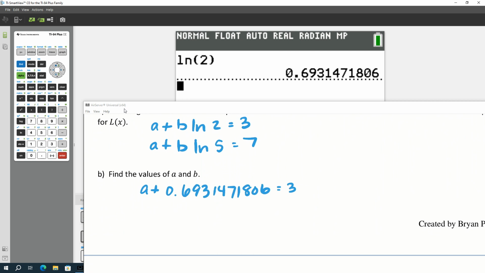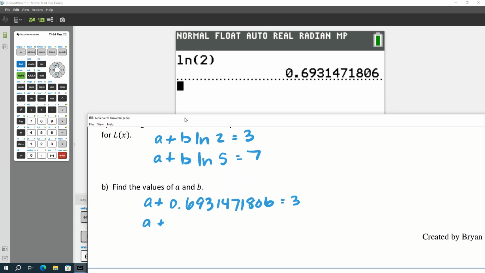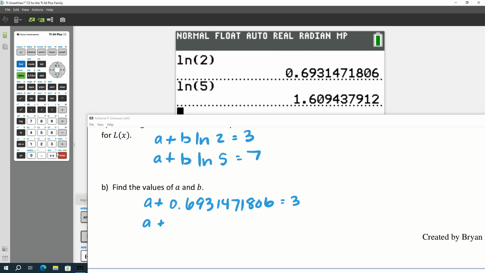All right, and then on the second equation, we need to know what the natural log of 5 is. All right, so this is a B. It kind of looks like a 6.